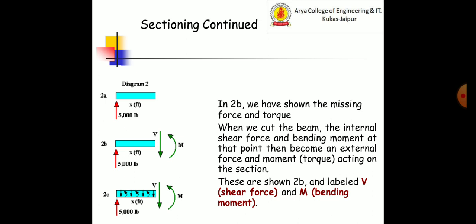In figure 2b, we have shown the missing force and torque when we cut the beam. The internal shear force and bending moment at that point then become an external force and moment acting on the section. These are shown in figure 2b and labeled V for shear force and M for bending moment.